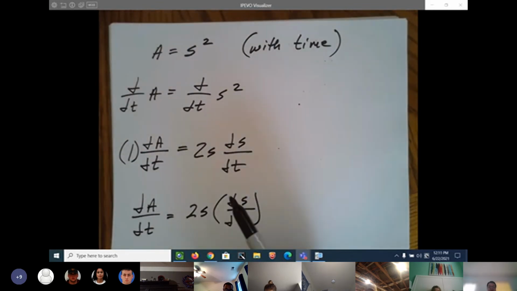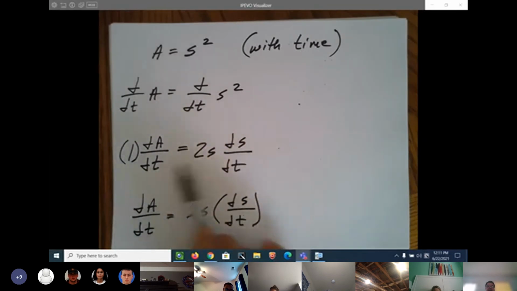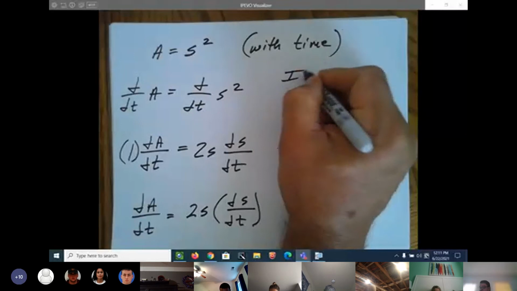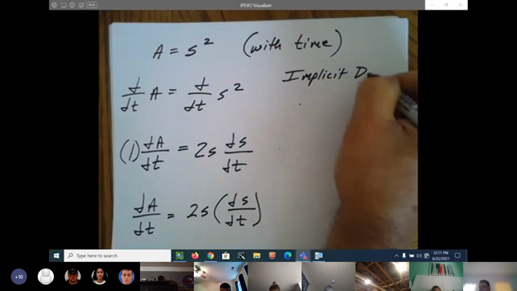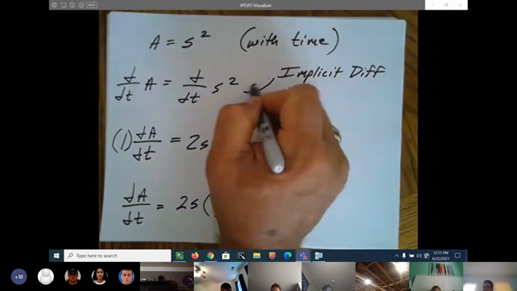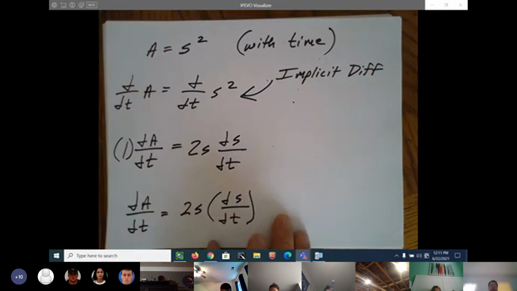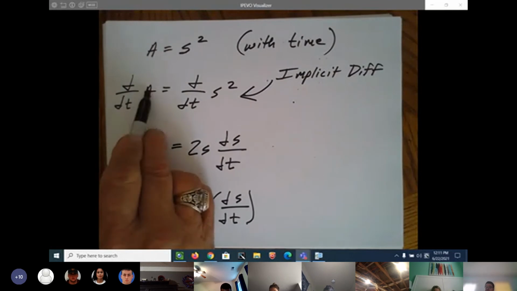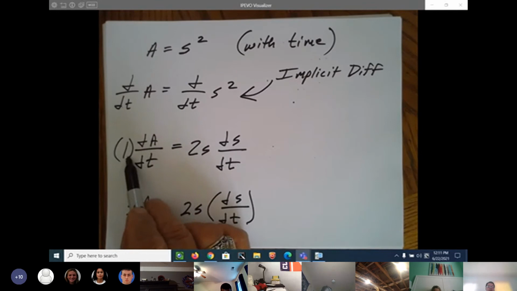So that's where all these dA/dt and ds/dt's come from, the implicit differentiation. Did everybody get confused about that? Because if you did, I just showed it to you. The derivative of A in respect to t is 1 dA/dt.